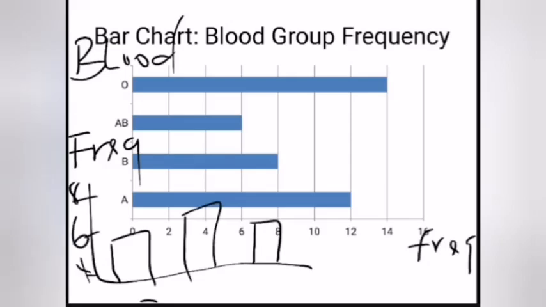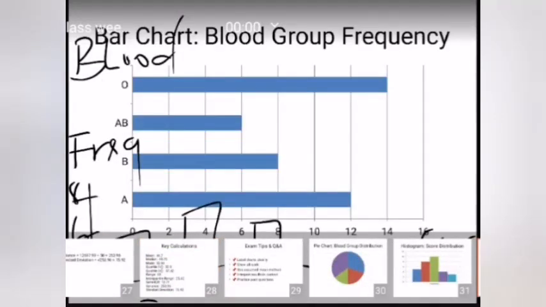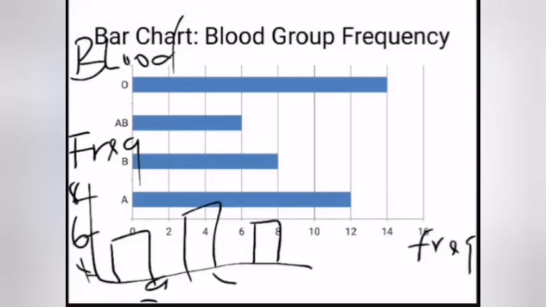And here you can write your AB, your blood group or anything you're plotting against. So it doesn't matter whether it's horizontal or vertical, it's still the same thing.